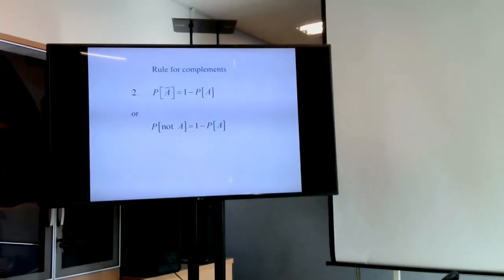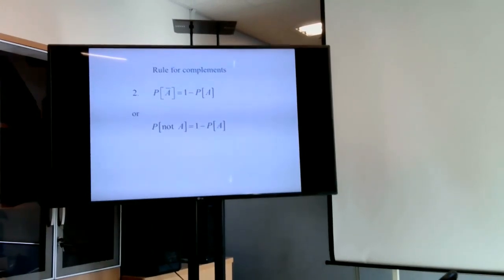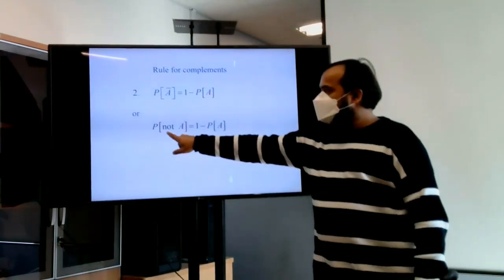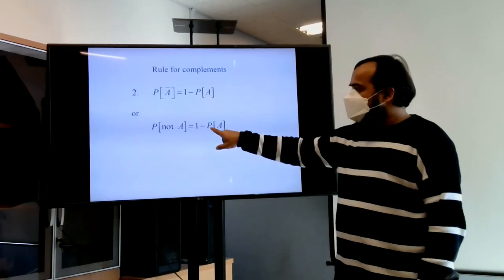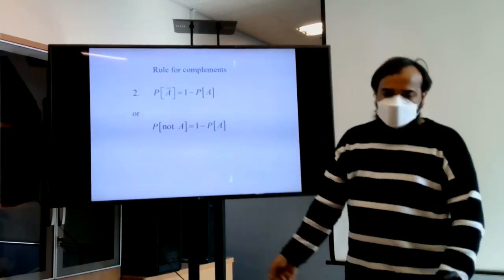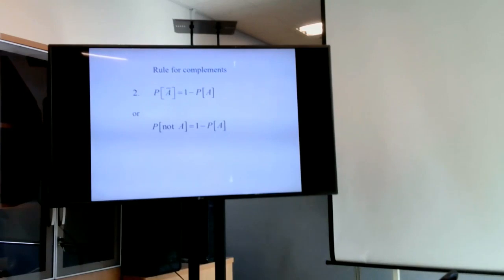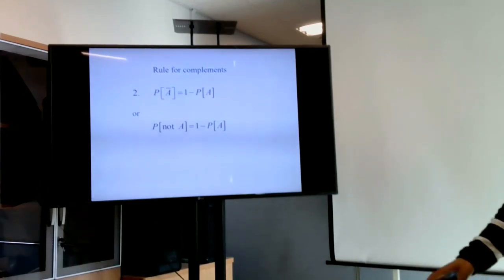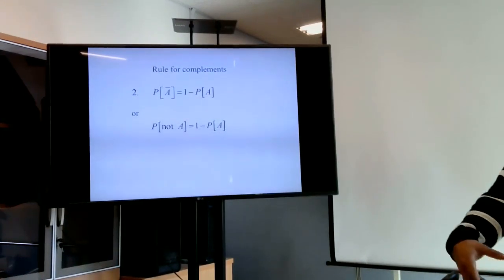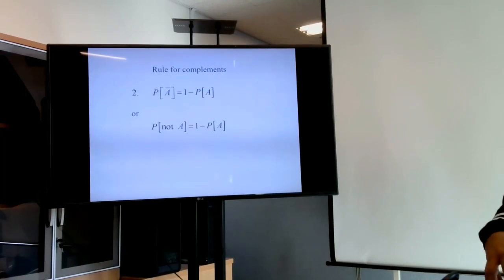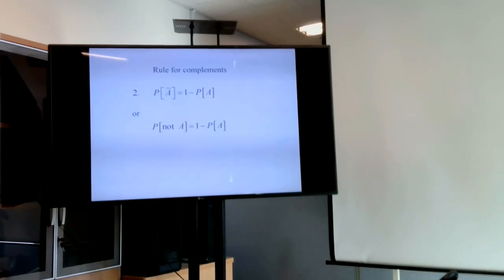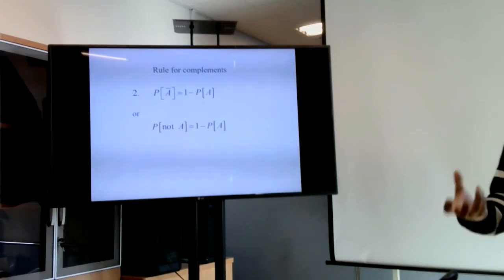Then the rule for the complement: probability of not A equals 1 minus P of A. When we develop algorithms, this is important because we find the object's existence in object tracking, where an object can exist or not exist.